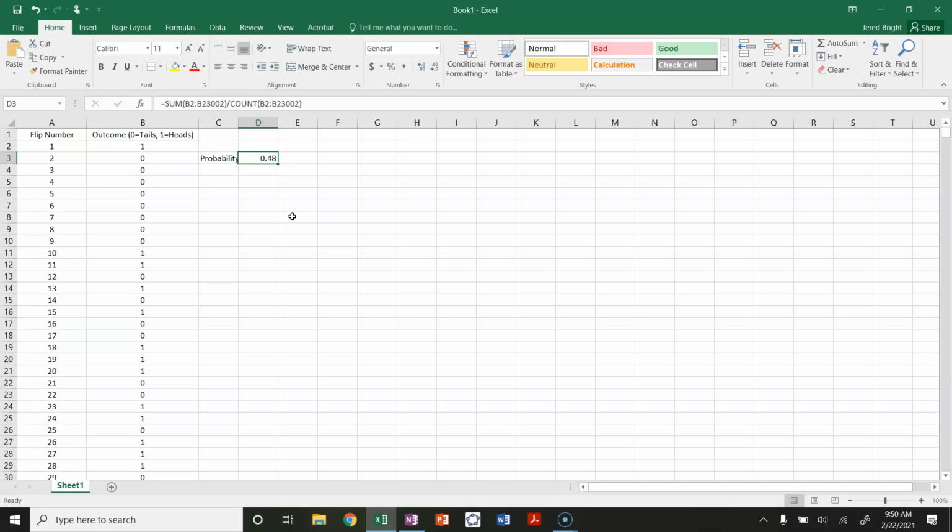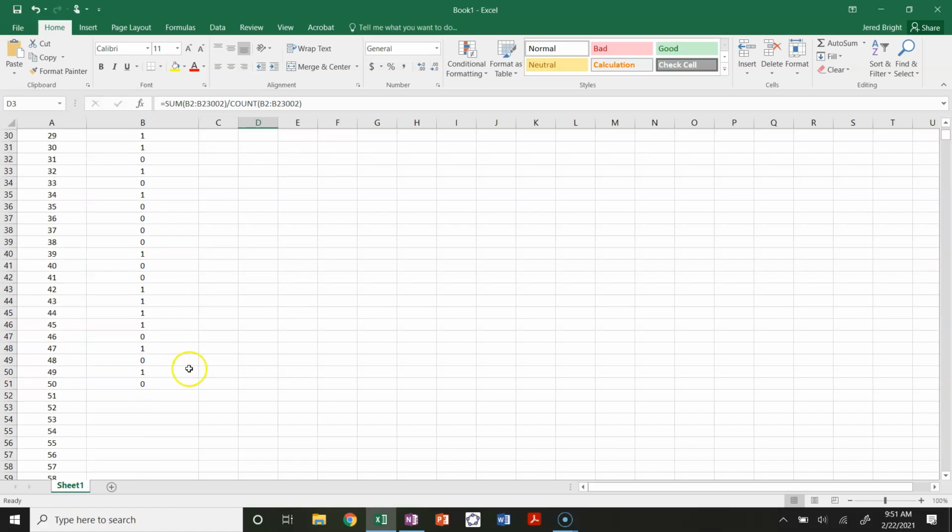I'm just hitting Fn F9 on my computer, or just F9 on yours, and so you can see the probability is going to change based on the sample. So this time when I got the sample, it's exactly what I would expect. 1 out of 2 outcomes, I should get 50%, but then we can see just by the random process of flipping, given that I don't know each individual outcome, the probabilities are going to change.